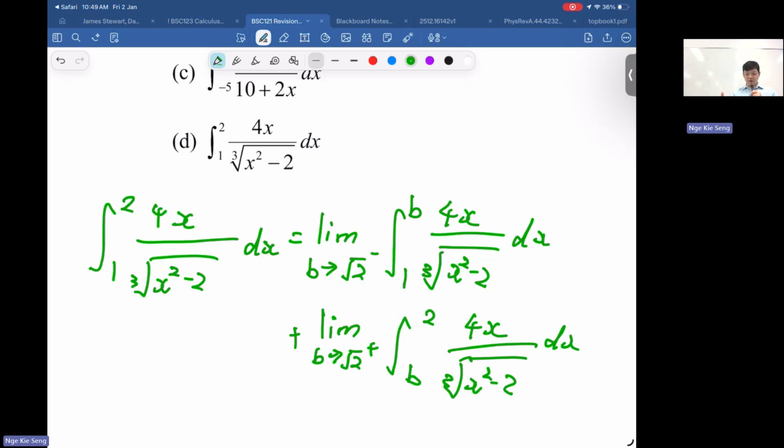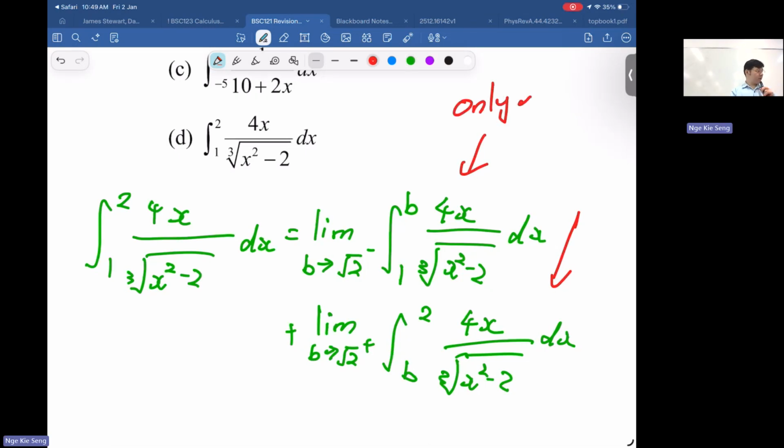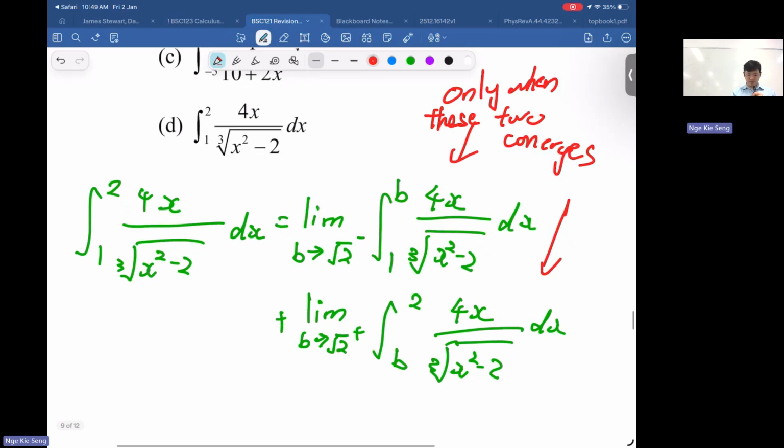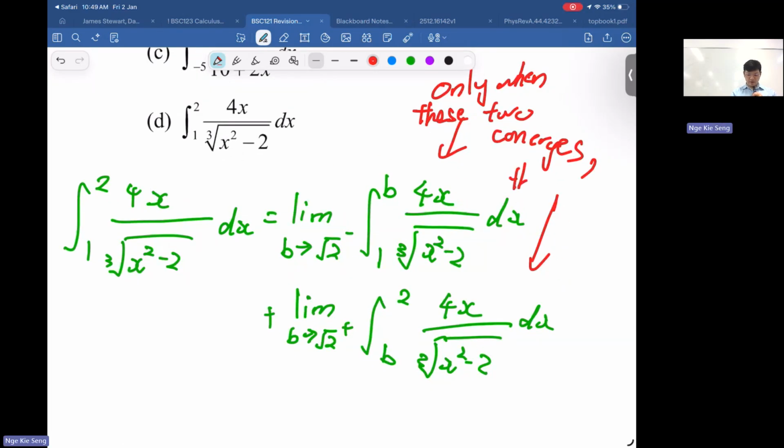Okay. Only when these two converge, only when these two converge, the original integral converges.